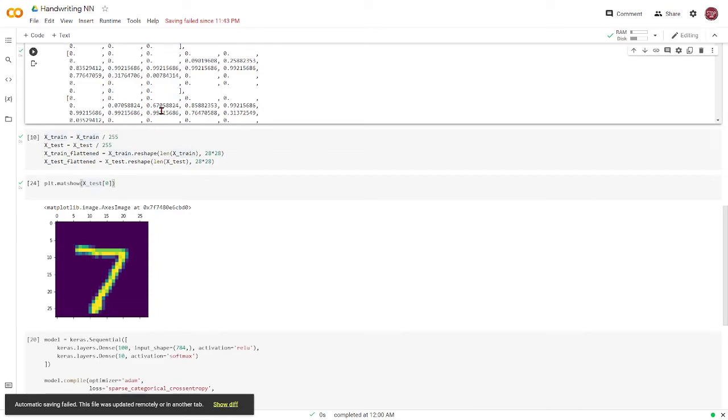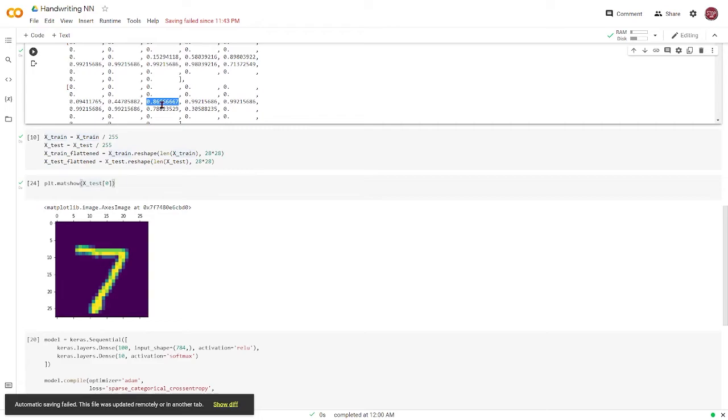So this is how the color is determined in this image. It's based on these individual pixel values that all represent color between 1 and 256. And 0 would be the lightest, so it'd be white, and 256 would be black.